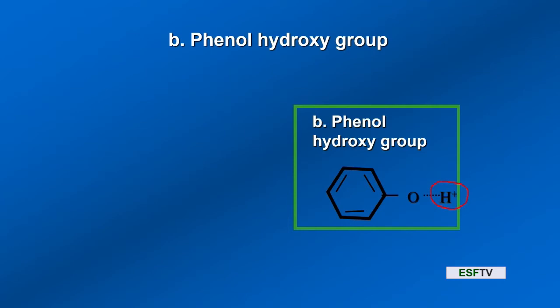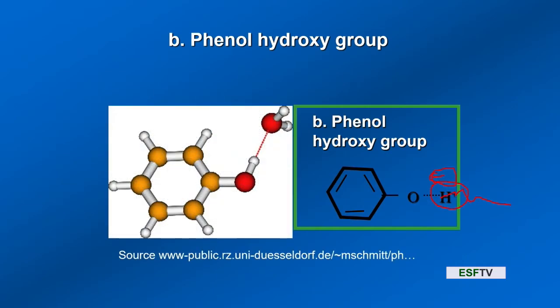So this H+ can dissociate from the phenol hydroxy group. Here's the phenol, here's the hydroxyl, phenol hydroxy group. And when that happens, bye-bye. Net negative charge expressed at this surface. And there's a picture of it, there's the little ball and stick model.